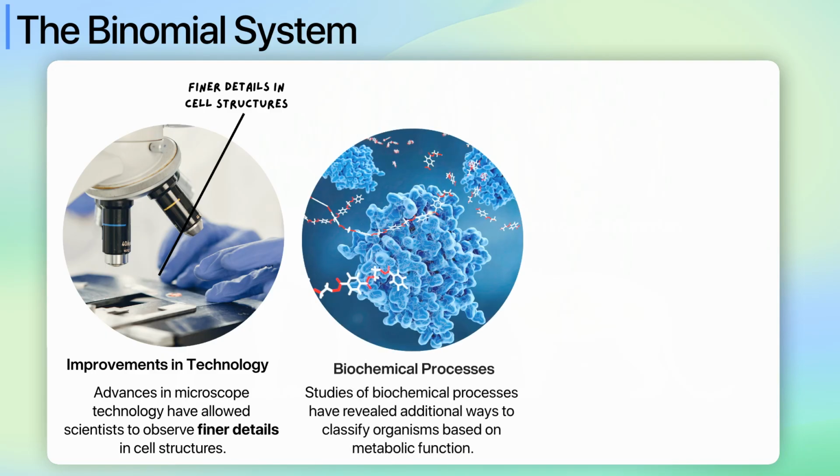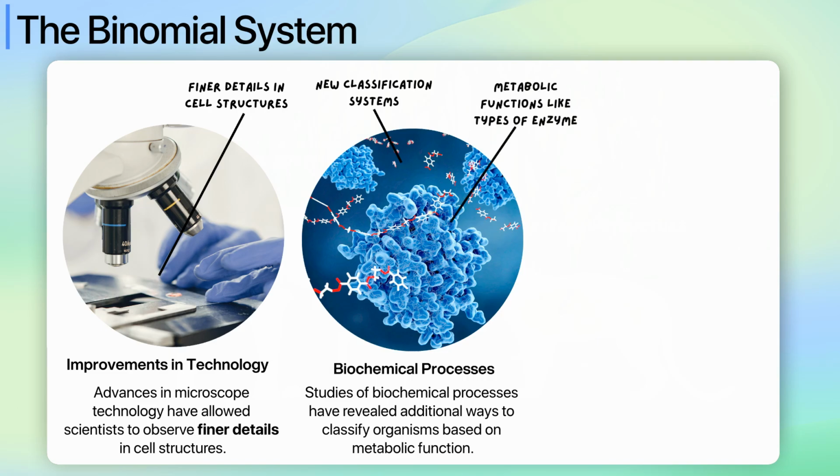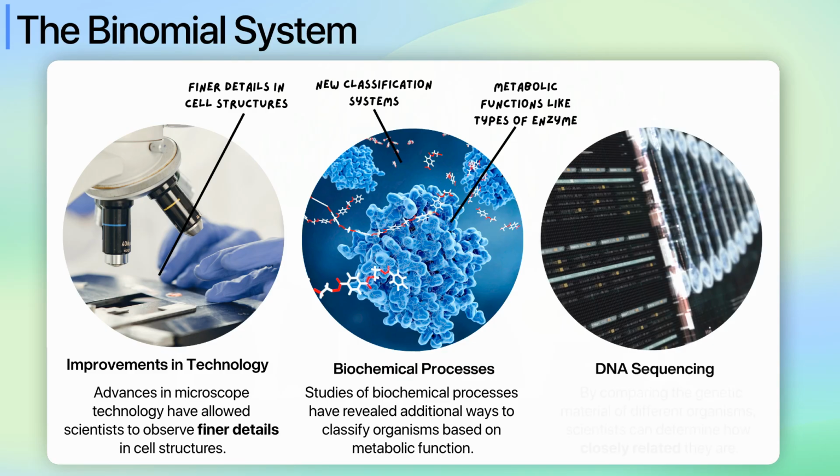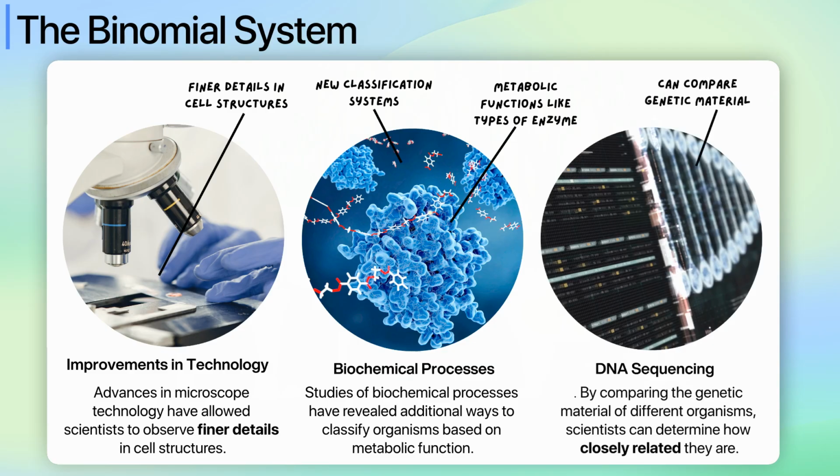Studies of biochemical processes have revealed additional ways to classify organisms based on metabolic functions, such as the types of enzymes they use. Perhaps the most significant development has been DNA sequencing. By comparing the genetic material of different organisms, scientists can determine how closely related they are. For instance, two species with very similar DNA sequences are more closely related than species with very different DNA sequences.